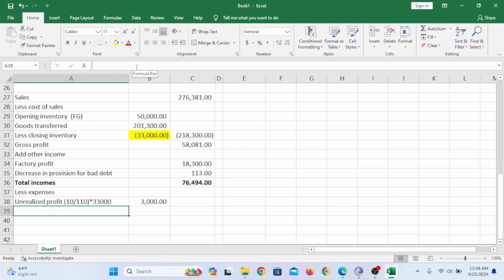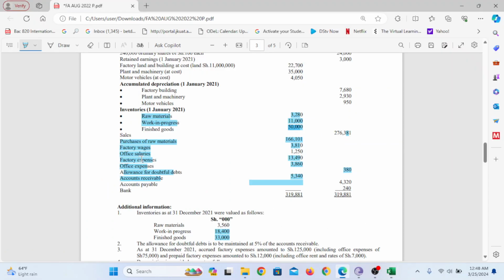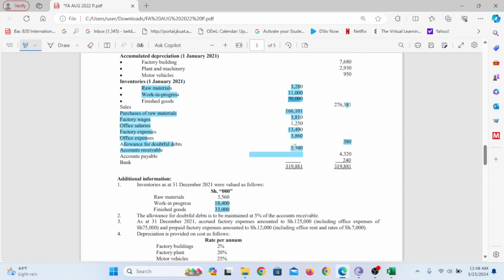Then we look at office expenses. We check in the balance: office expenses are 3810. This 3810 we adjust with note number 3.